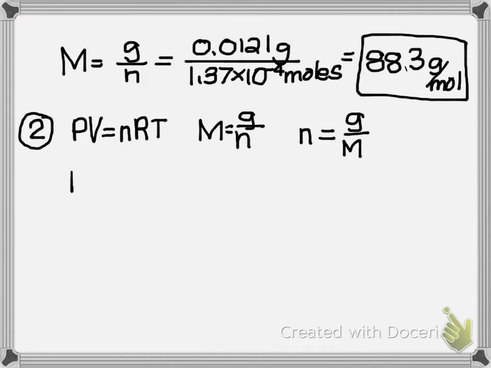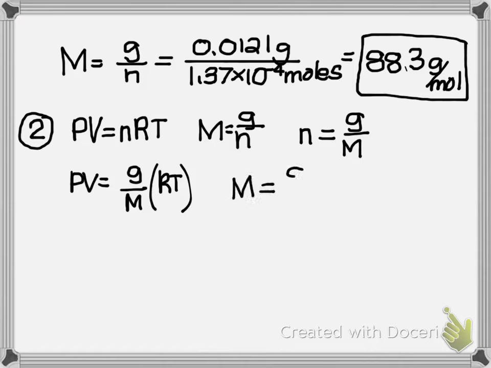So now I'm going to plug that into the ideal gas law. And now I'm going to rearrange for M. If I brought M to the other side, M would equal grams RT over PV.